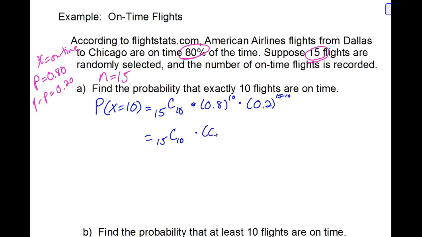And the number of flights that are not on time is going to be 5, which is our 15 minus 10.